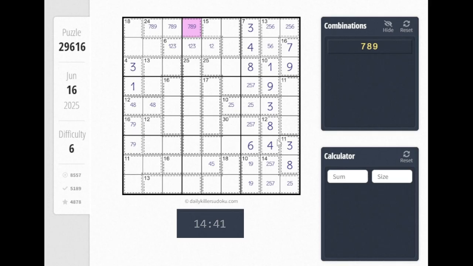Or sorry. Can't be 8. Can't be 7. So it has to be 9, which puts 9 here, as we established before. Which makes this 4, 5. Which makes this 1, 6, 8. And this is gonna be 2, 6.